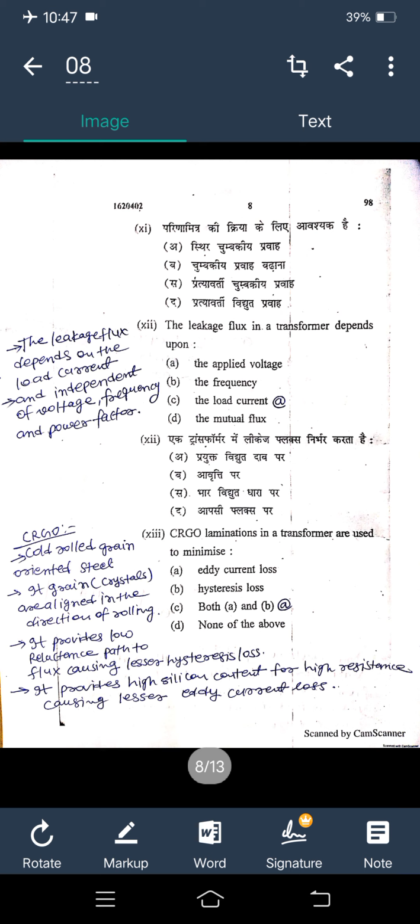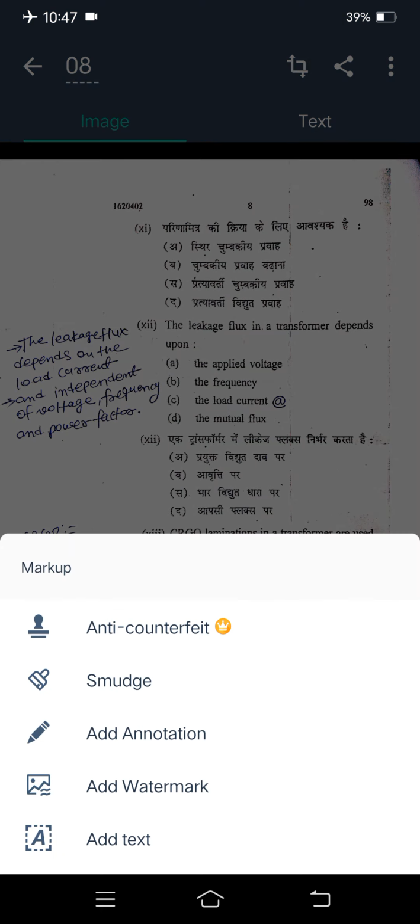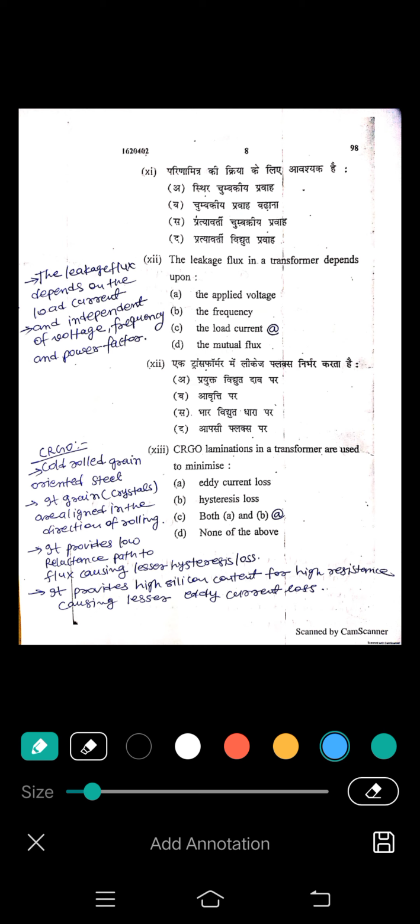This is basic theory. Here I have already mentioned these topics. The leakage flux depends on the load current and is independent of voltage, frequency and power factor.